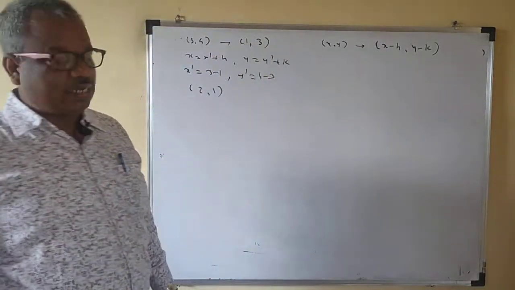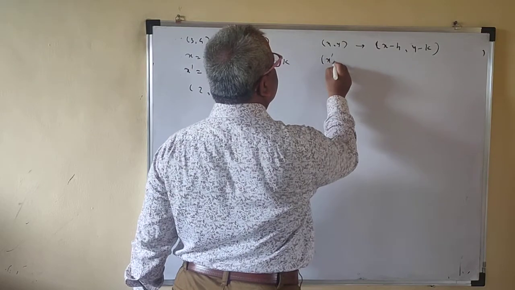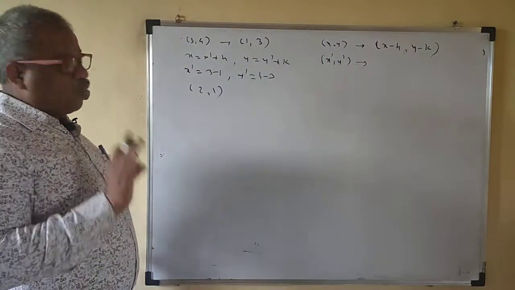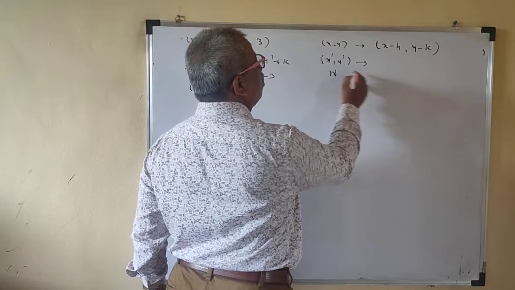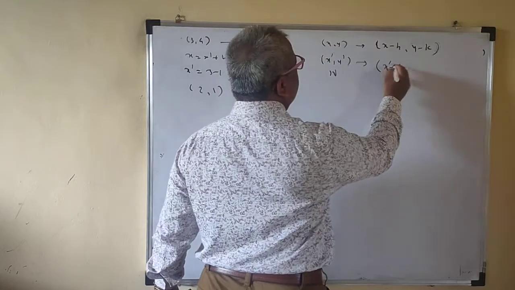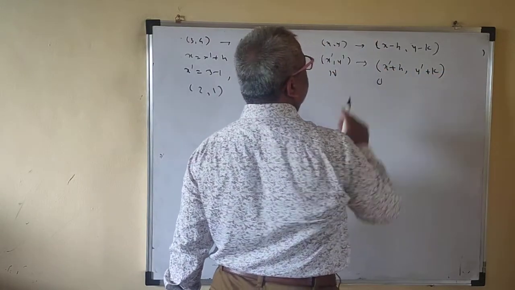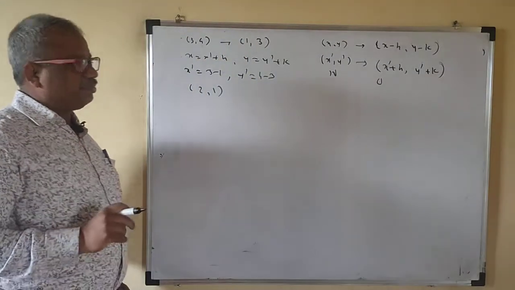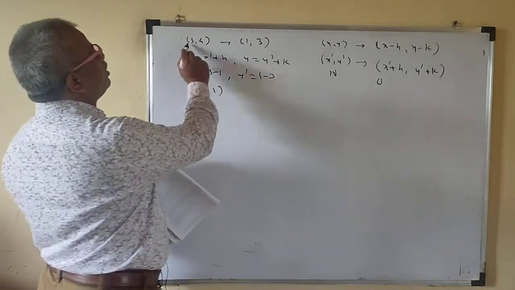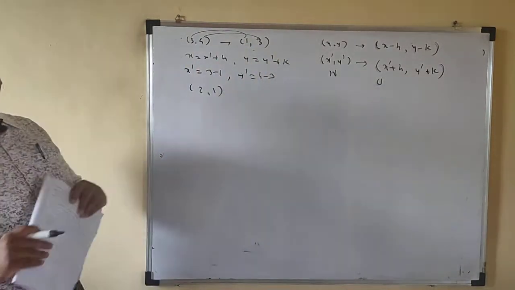If x prime, y prime are the new coordinates, then for the old coordinates you just have to do x prime plus h, y prime plus k. This will be your old coordinate. If you want to find a new coordinate, just subtract this. So this will be your solution.